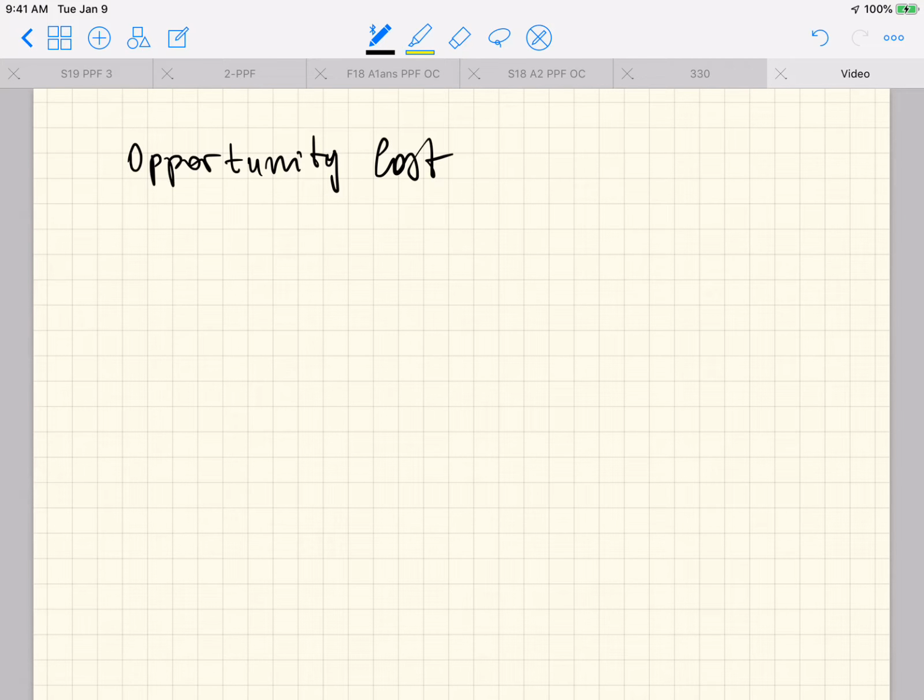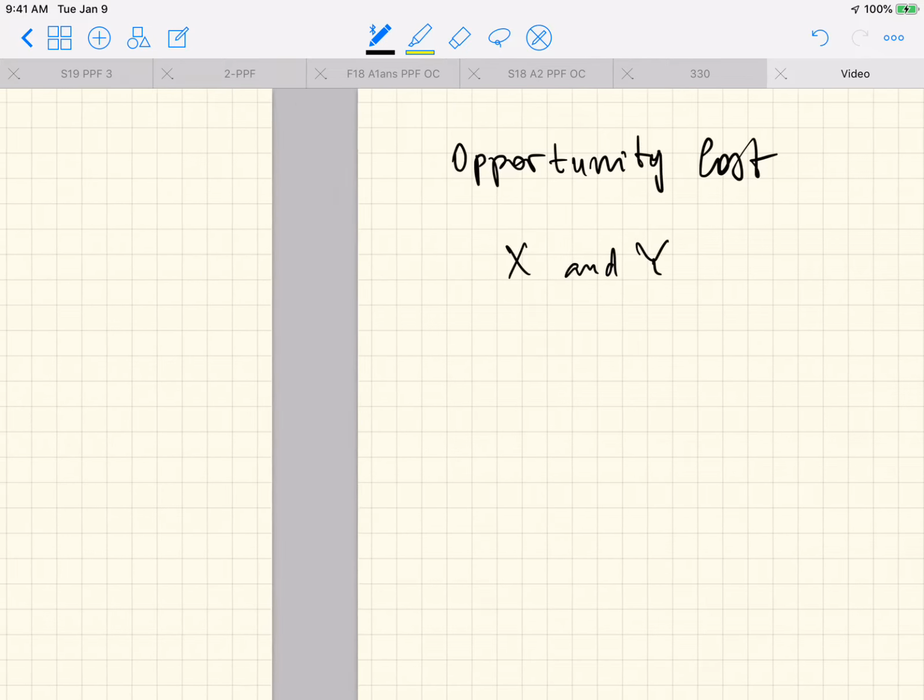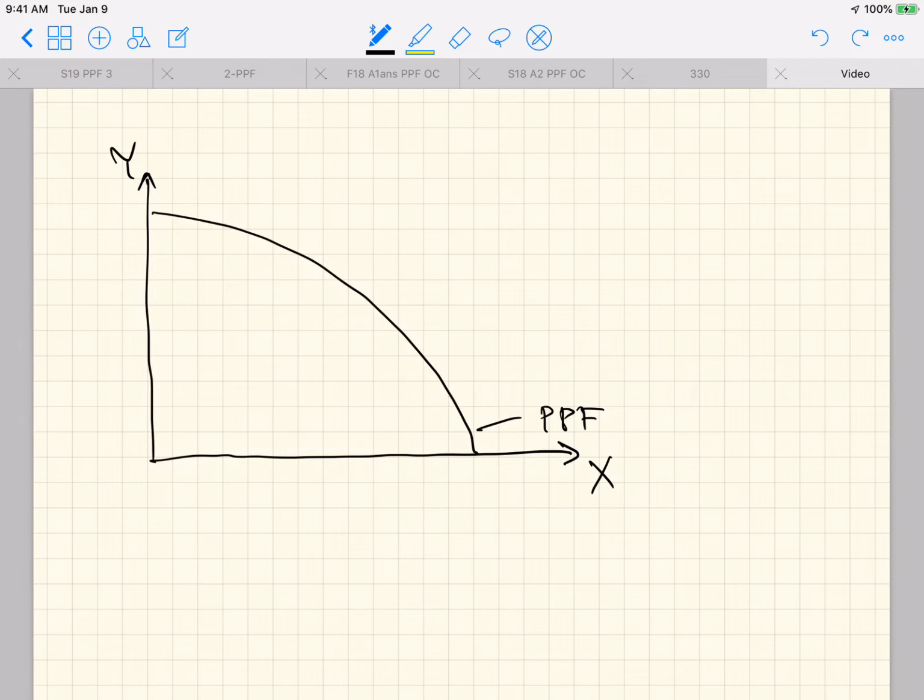It's actually about both goods. So you have good X and Y, right? And given the shape of this curve, which is downward sloping, it means that to have more of one good, you always have to reduce production of the other.